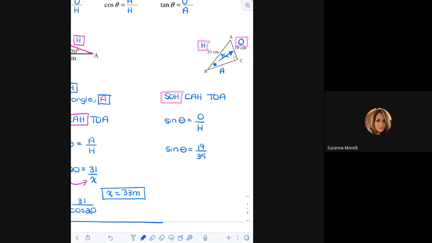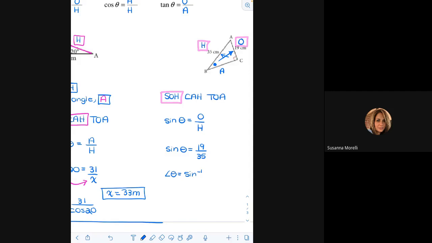Go ahead and put that in your calculator. If you're using decimal, to find the angle, you have to use the inverse of sine. Go to the function tab, the third tab, and look for your inverse button.